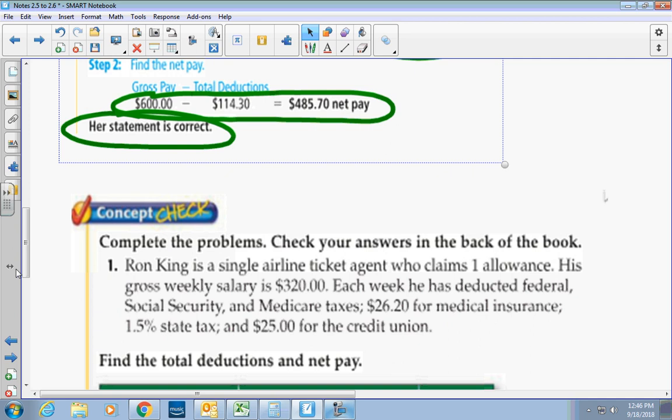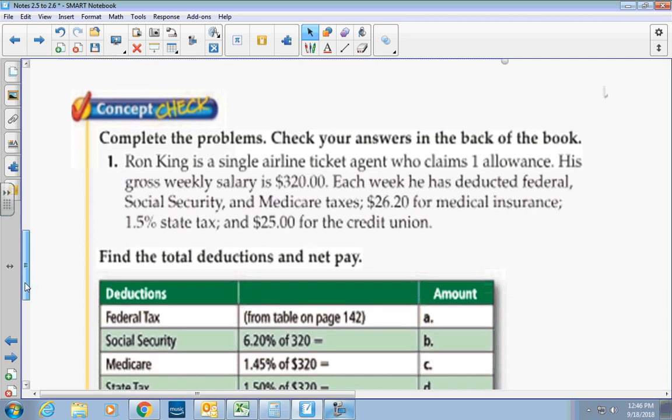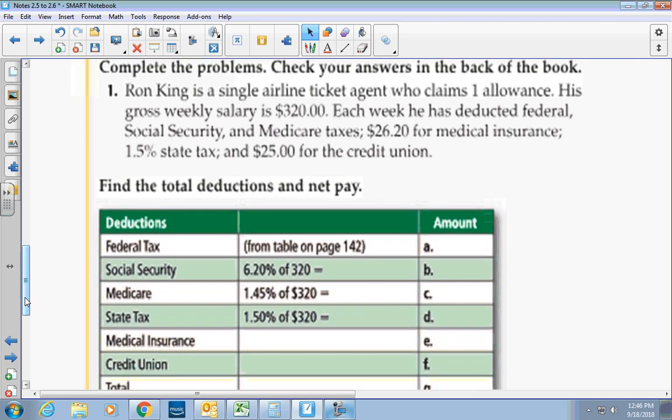So we're going to grab our little chart. We're going to flip to single. So go ahead and do that now. We're going to look at 320 all the way in the left-hand column.